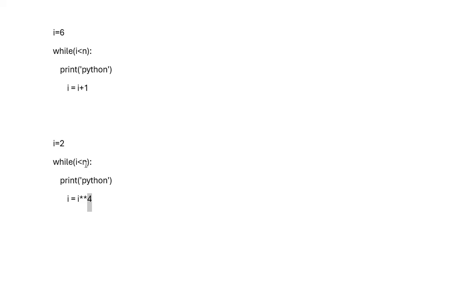So yeah, it's related to n, but we're growing through it really fast. On this one, it's not linear because we're not progressing 1 by 1 by 1. We're progressing at an exponential rate, which ends up being log of n.